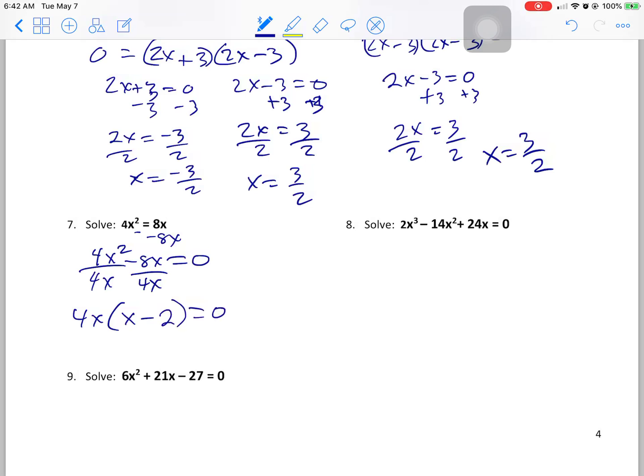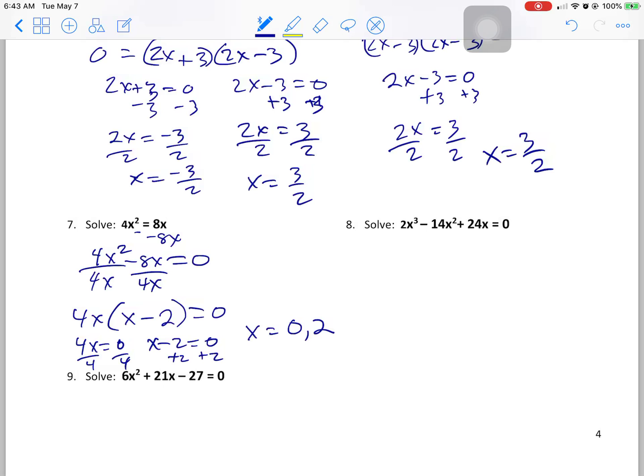That's still not a perfect square minus a perfect square, but it's still a quadratic because there was an x squared. So what you want to do is use the zero product rule and set both your factors equal to 0. Solve. So x equals 0 or 2.